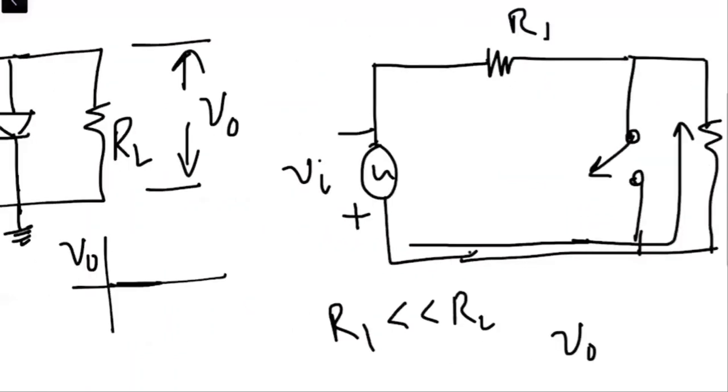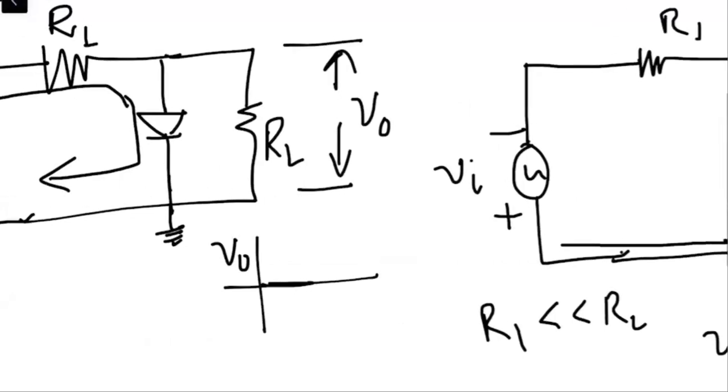So the output which we are taking over here will be the negative half cycle. Are you with me? Question. बात समझ में आ रही है जी?